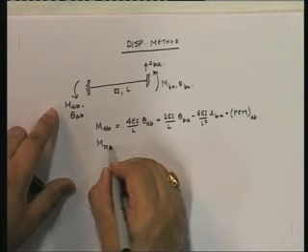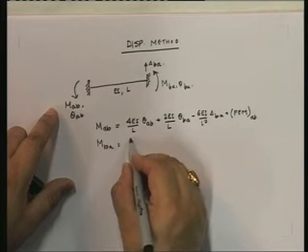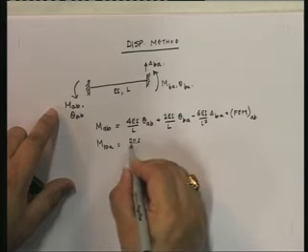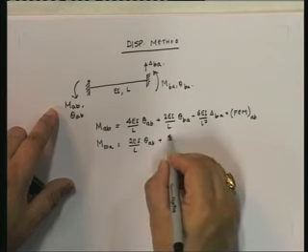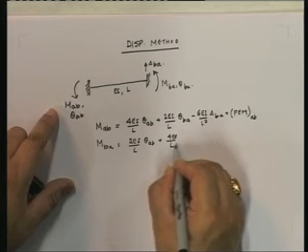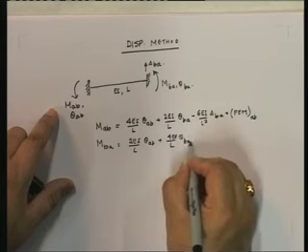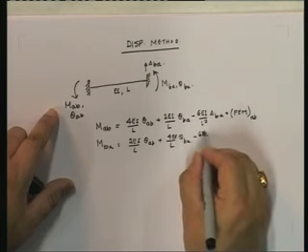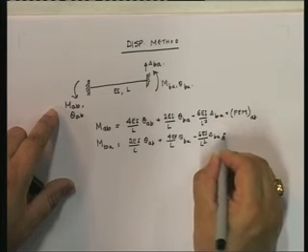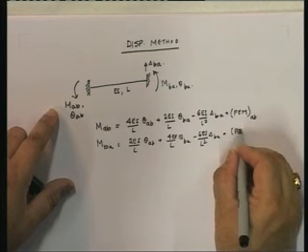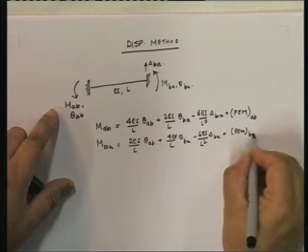And MBA is equal to 2 EI by L theta AB plus 4 EI by L theta BA minus 6 EI upon L squared delta BA plus fixed end moment at BA.